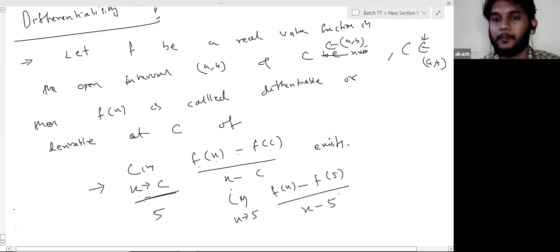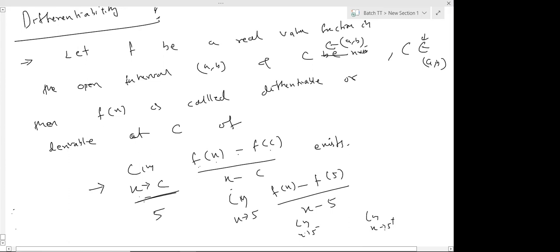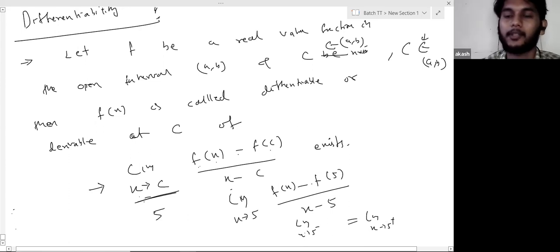Then you have to break it down: limit x tending to 5 minus and limit x tending to 5 plus. If both are equal, then we will say the function is differentiable. If both are not equal, the function is not differentiable. I hope everyone is clear about this.